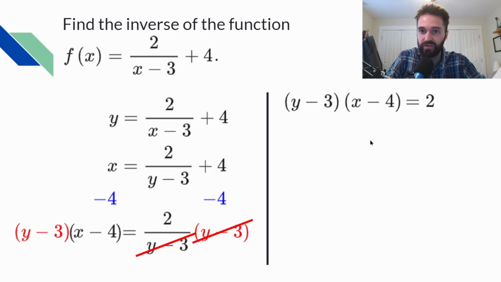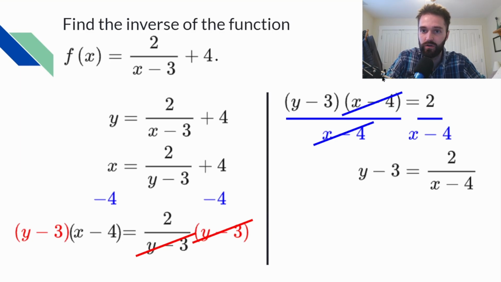The next step is to divide both sides by x minus 4. And this x minus 4 cancels with this x minus 4. That leaves us with y minus 3 equals 2 over x minus 4. Okay, then we add 3 to both sides. And that gives us y equals this fraction plus 3.